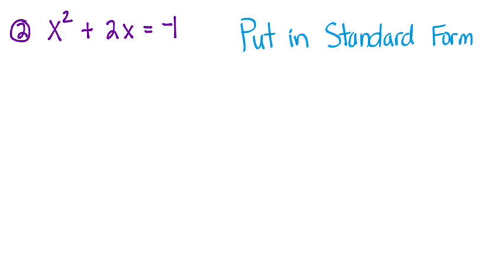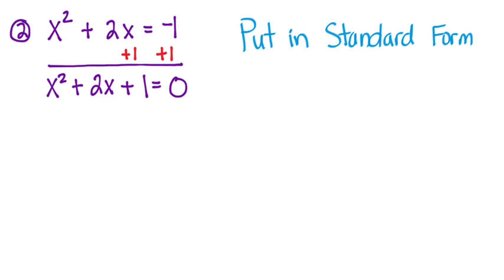If I have x squared plus 2x equals -1, I have to solve when it equals 0. So obviously, I'm going to need to move that -1 to the other side to make my equation equal 0. And now I can solve by factoring. Right? I can use Xbox. And when I see that, I know that it's going to be 1 and 1, because 1 times 1 is 1, and 1 plus 1 is 2.